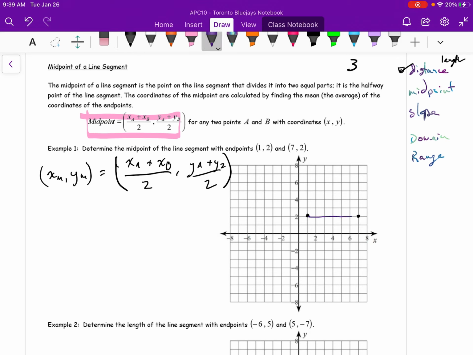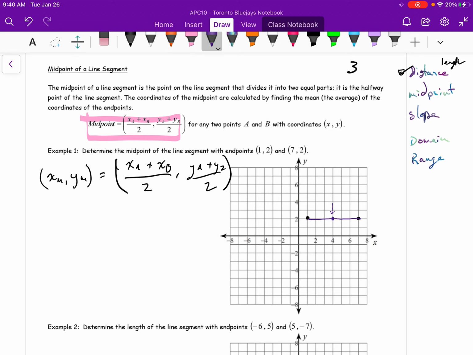Here's my line segment as I have drawn it with a ruler. I'm hoping it's quite intuitive that the midpoint will be right about here. I could just visually see that because from one end it is 1, 2, 3, and 1, 2, 3. So this is the exact middle of that line segment.